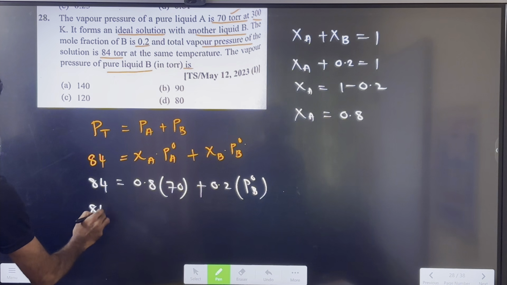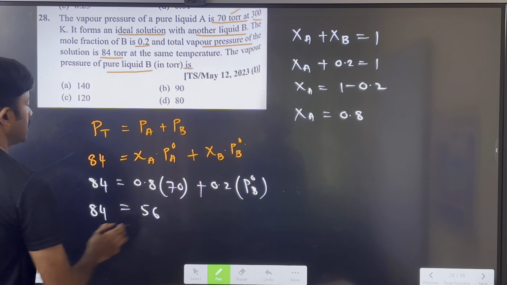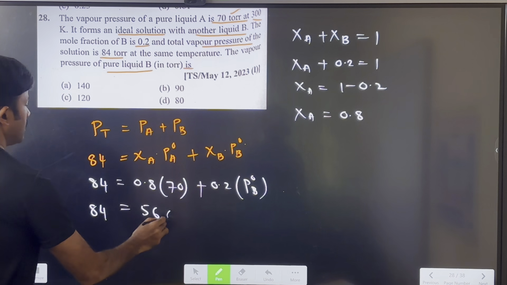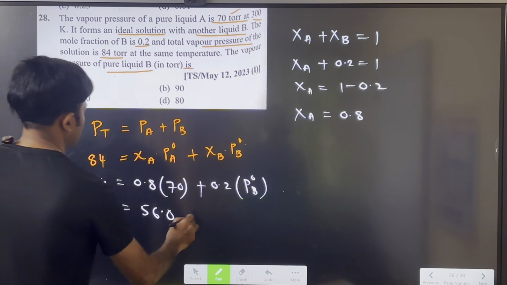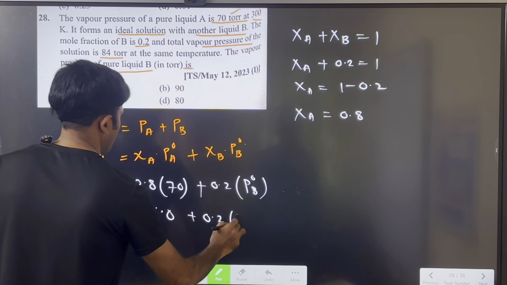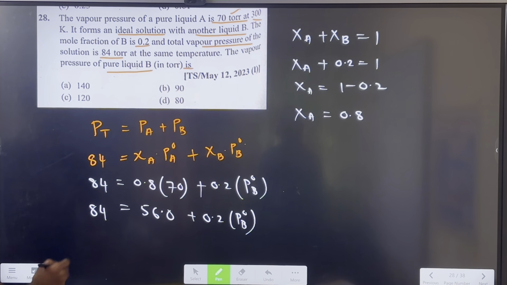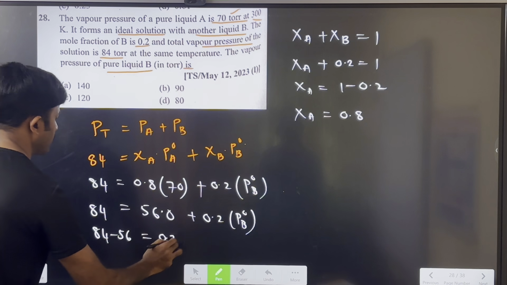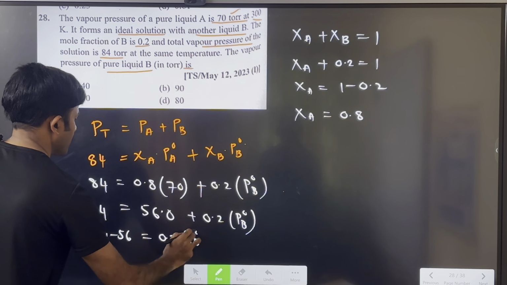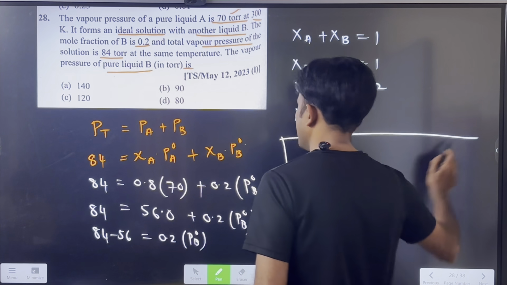So 84 equals 0.8 into 70, which is 56, plus 0.2 into PB naught. This 56, when you take it to this side, becomes minus 56. So 84 minus 56 equals 0.2 into the vapor pressure of pure liquid B. Then find this answer.